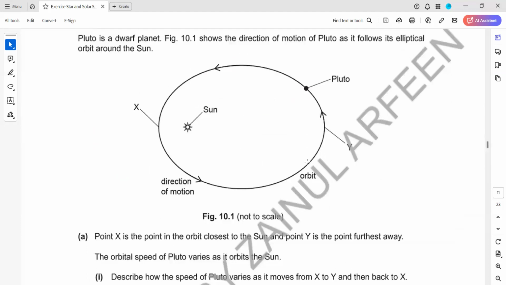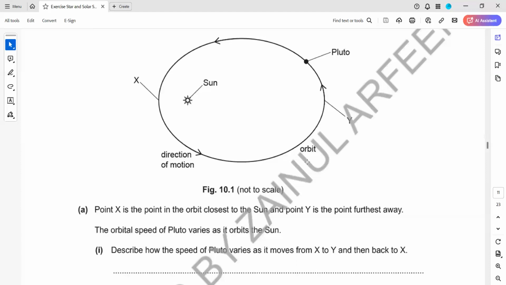Describe how the speed of Pluto varies when it moves from X to Y and then back to X. Moving from X to Y, the distance increases and the kinetic energy will decrease, so the speed will decrease. Moving from Y to X, the speed will increase.